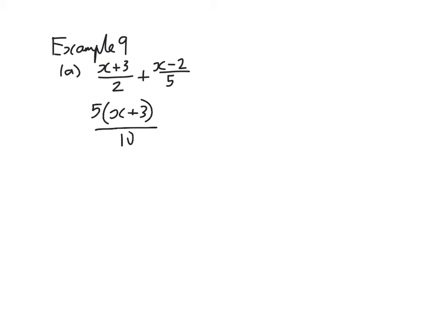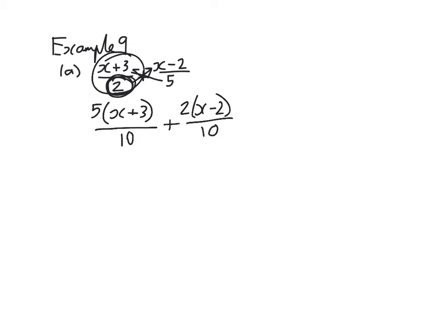Notice all I've done is multiply all of this side by the 5. Now, there was a plus in the middle, I don't want to lose that. Similarly, I'm going to take the 2, the denominator from this, and multiply this whole side. So I get 2 lots of x minus 2, all over 2 times 5 is 10. So there's our common denominator of 10.